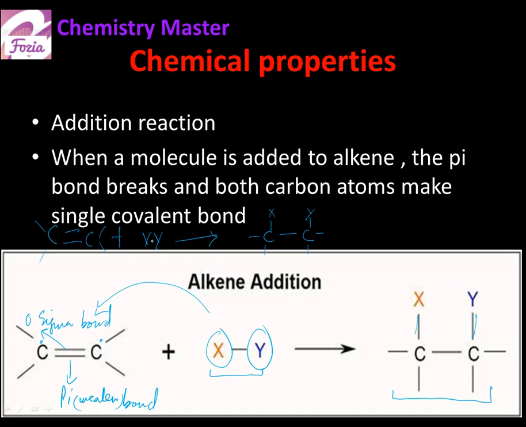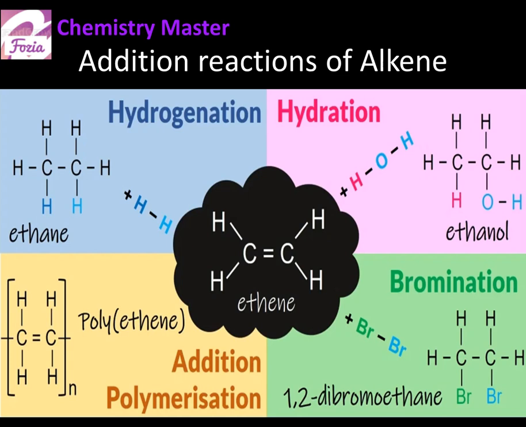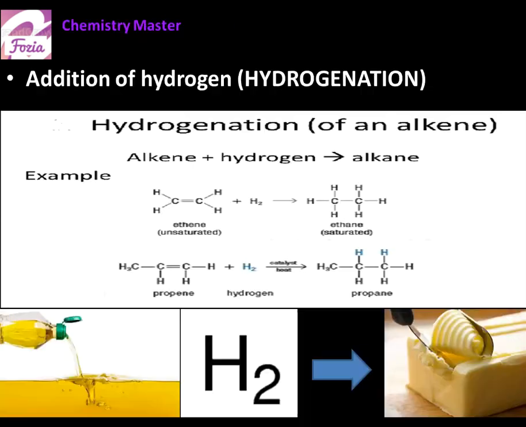Today you will learn about 4 common addition reactions which take place at alkenes: hydration, hydrogenation, bromination, and addition polymerization. We will discuss them one by one to make it easy for you. Now when we talk about hydrogenation, hydrogen is a diatomic molecule coming to react with alkene.